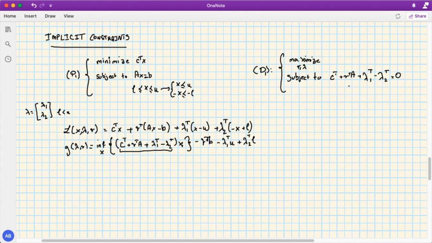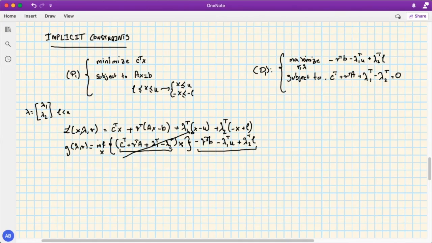And since I imposed this constraint, this part is 0, and I'm left with minus nu transpose b minus lambda 1 transpose u plus lambda 2 transpose l.